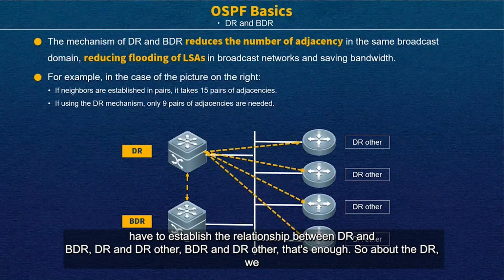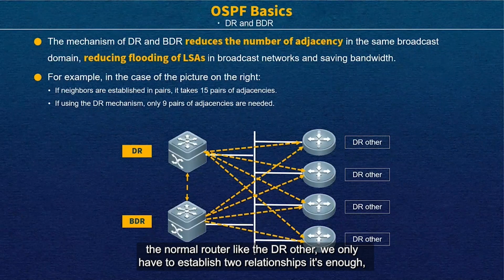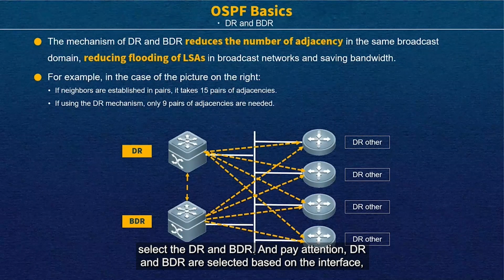About the DR, we still have to establish relationships with all the routers, the same with the BDR. But a normal router, like a DR other, only has to establish 2 relationships. We don't need to establish a relationship with the other DR other routers. So that's why we want to select the DR and BDR.